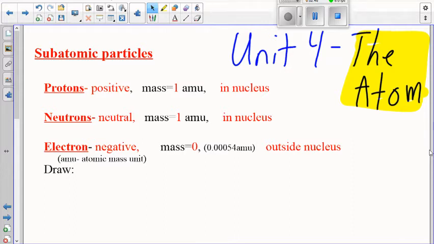Okay. Now, if I'm going to draw a little bit, here's what a proton looks like. I draw a plus symbol, and I circle it. That's how I draw a proton. If I were to draw a neutron, I draw a 0 and circle it.